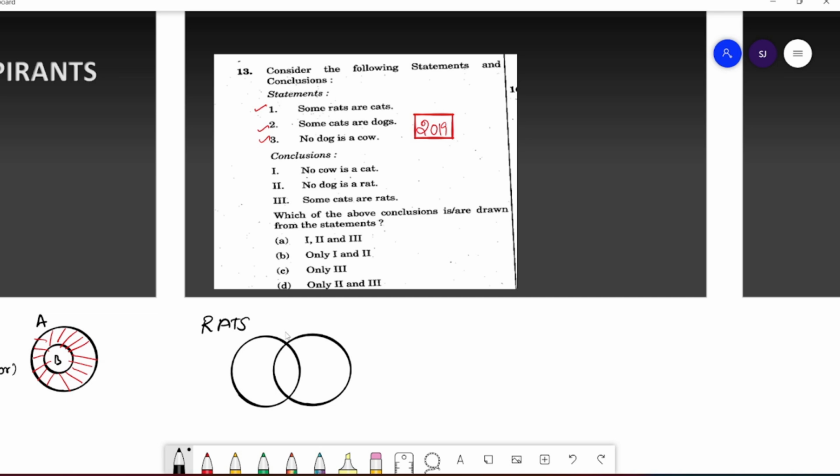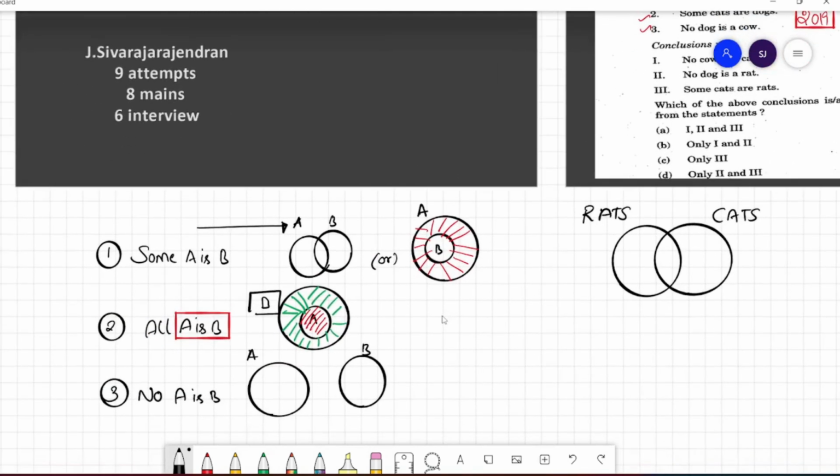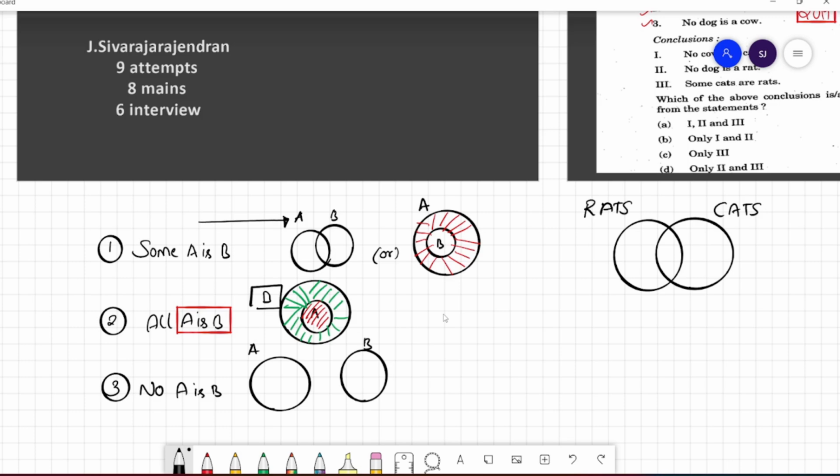In syllogism, there is not just one way of representing these statements, because all A is B or some A is B itself can be represented in two types.